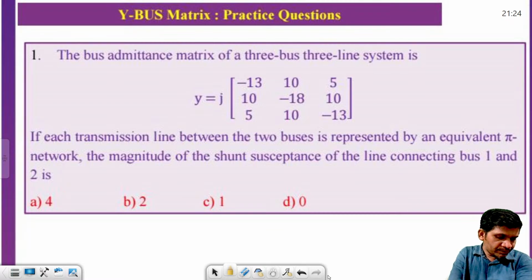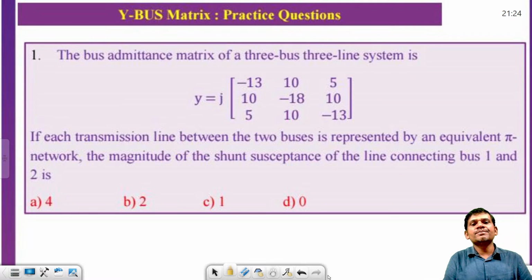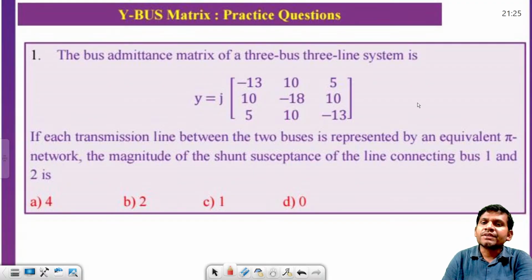Yes friends, can anybody answer this question? Come on, respond. A bus admittance matrix of a 3 bus 3 line system is given. This is the bus admittance matrix. If each transmission line between the two buses is represented by an equivalent pi network, the magnitude of the shunt susceptance of the line connecting bus 1 and bus 2 is.